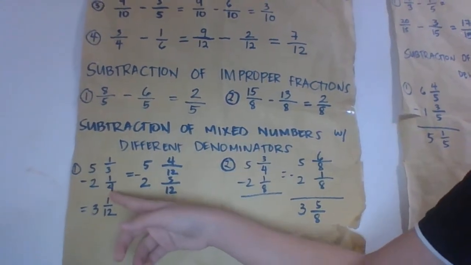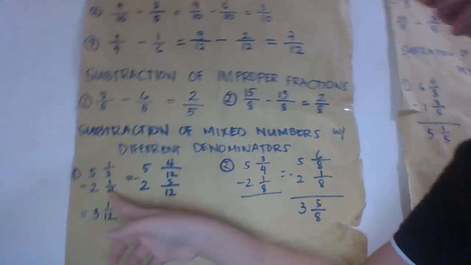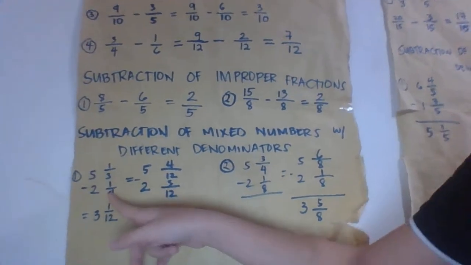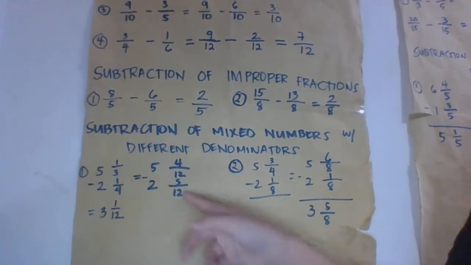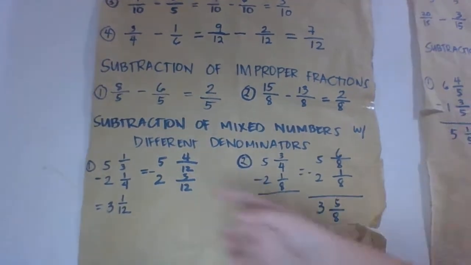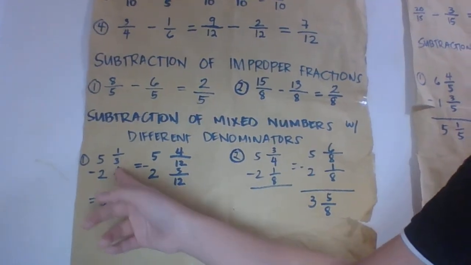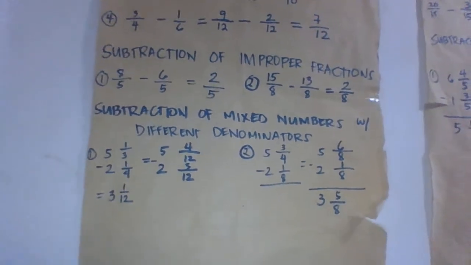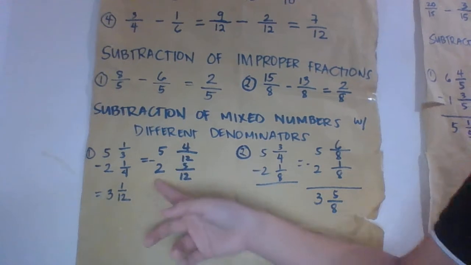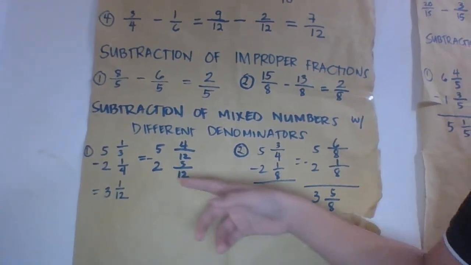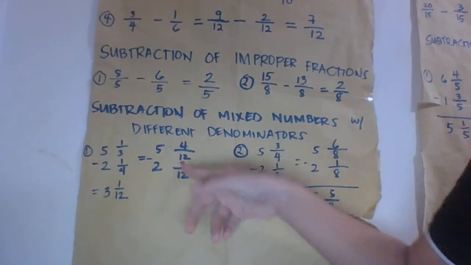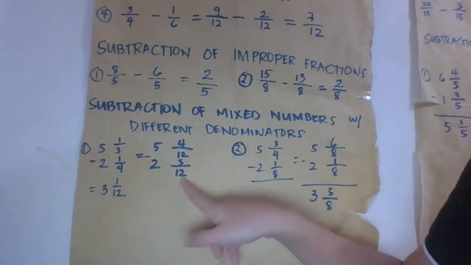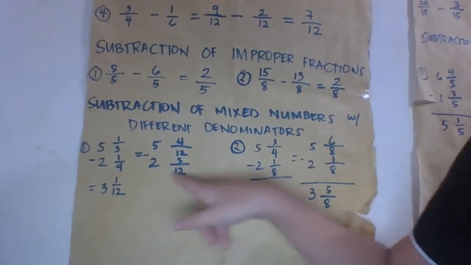And here we need to times this by 3, so it will become 12. And we also need to times this by 3, so it will become 3. So we can now subtract. 5 minus 3 equals 3. And 4 minus 3 equals 1. And the denominator we will just copy.